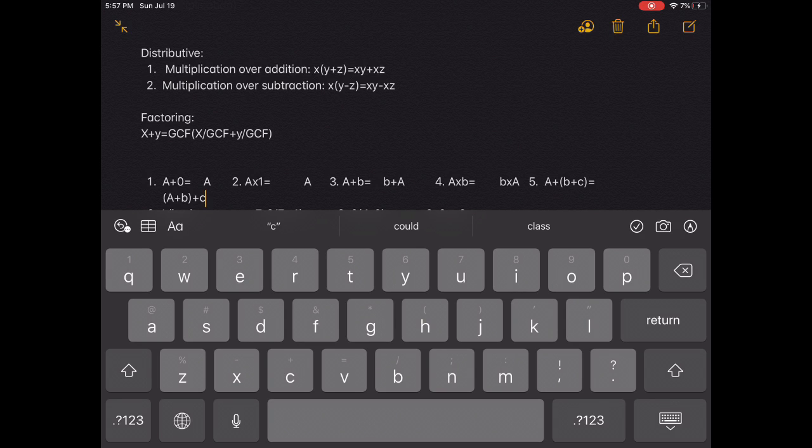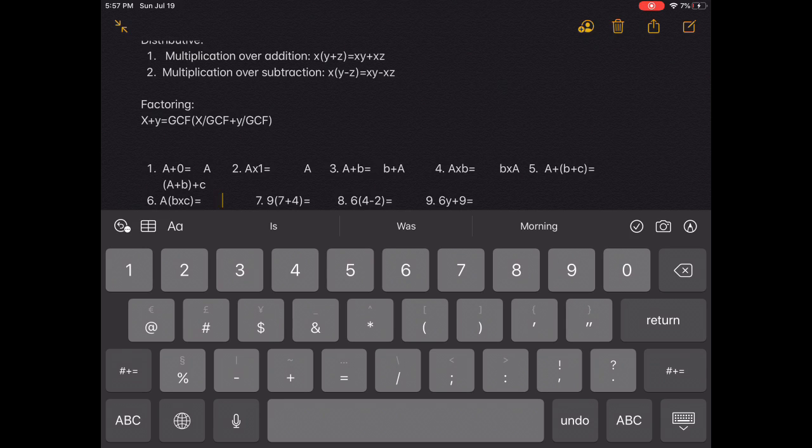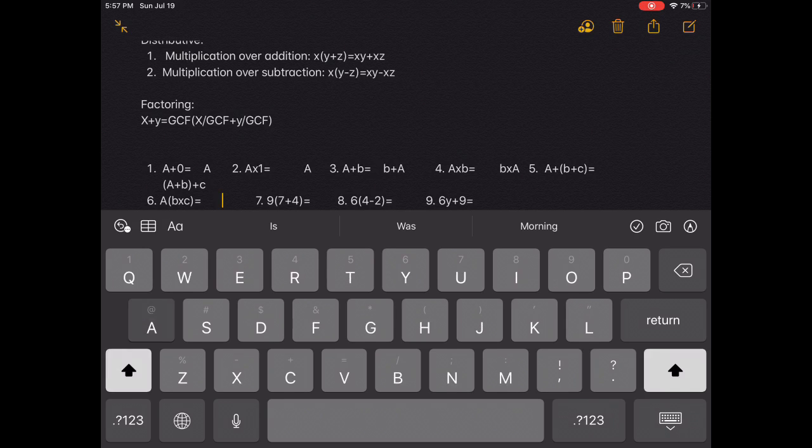Alright, so that was the associative property. Now the other one's the same thing, it's just a multiplication one now. Let me type it real quick.